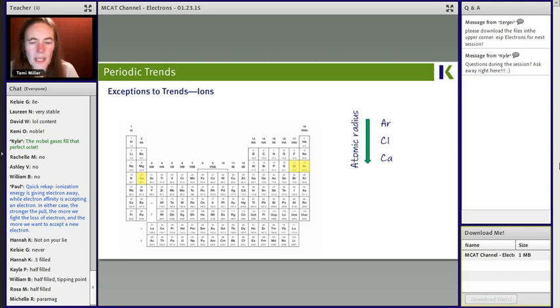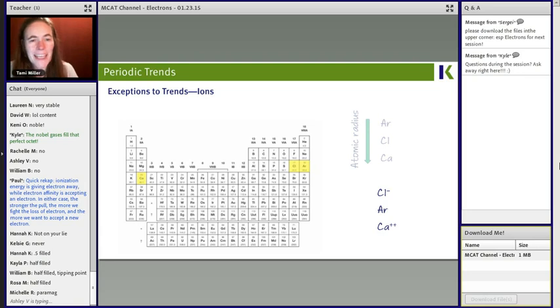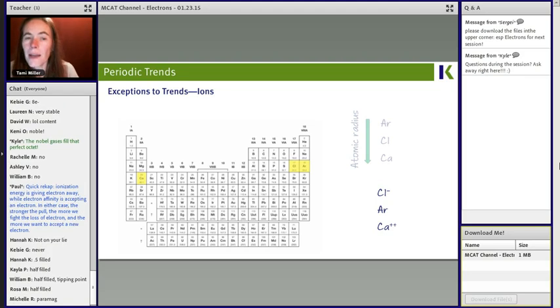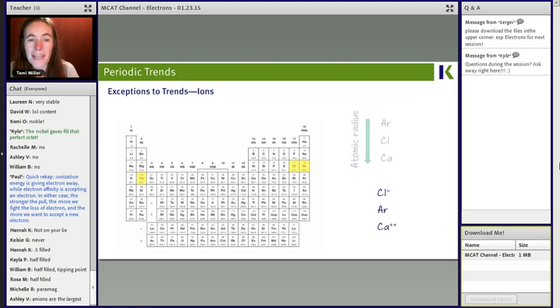But here we're looking at just the size of the regular atom. What if I make it an ion? Okay, if I look at chlorine minus, argon, and calcium plus, these all have the same exact electronic configuration. They all have the same exact number of electrons. However, which one has the biggest radius? Which one's the fluffiest here?